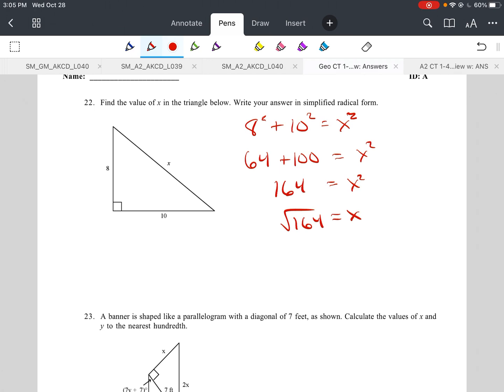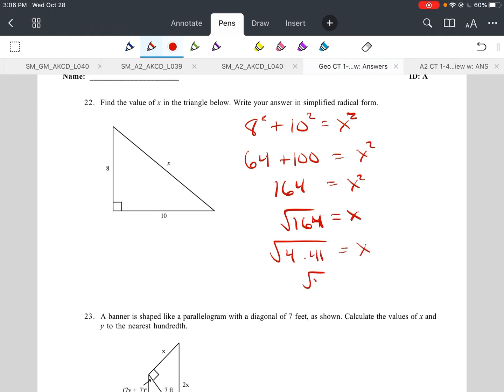Now, is it simplified radical? I don't think so. I think a 4 could come out. Let's see if there's any other perfect squares. What you can do is test different perfect squares to see what can come out of there. So I'll do 164 divided by 4, which gives me 41. So I break this up into 4 times 41.